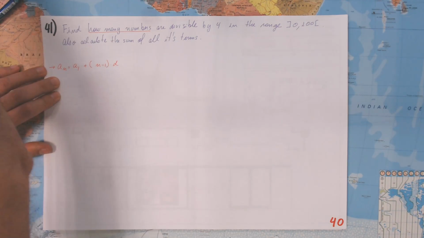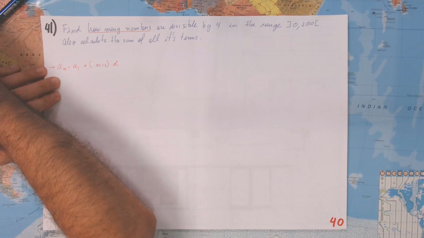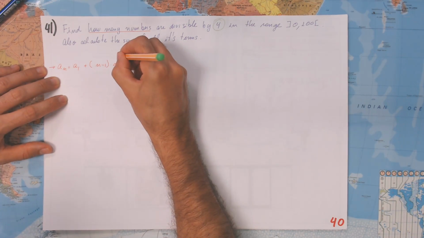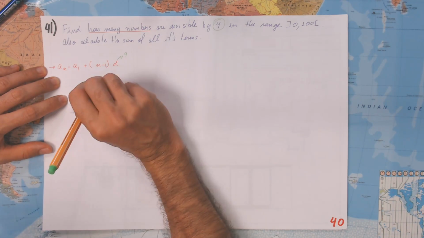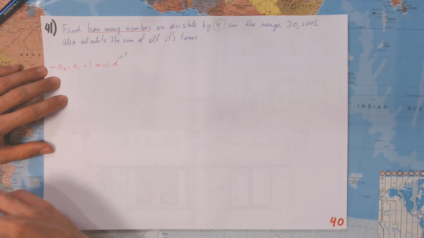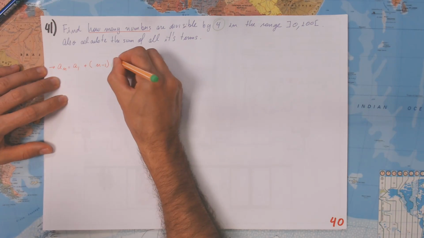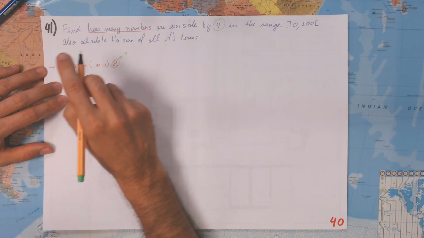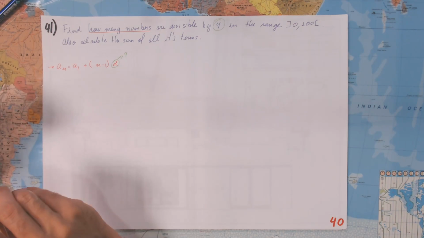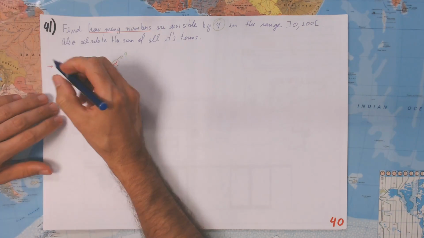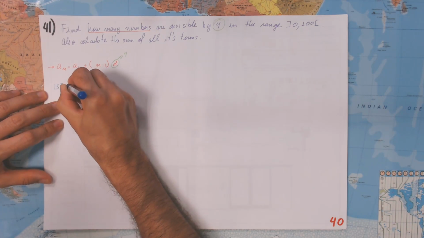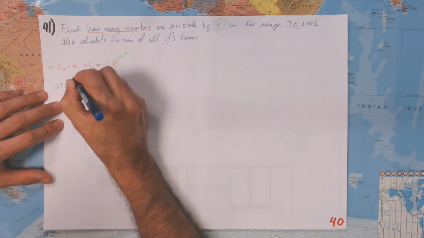Well, the common factor, we know it's going to be 4, because we're going 4 by 4. Now, what other information do we have? Well, we have to find the first and the last term. Let's find the first term.